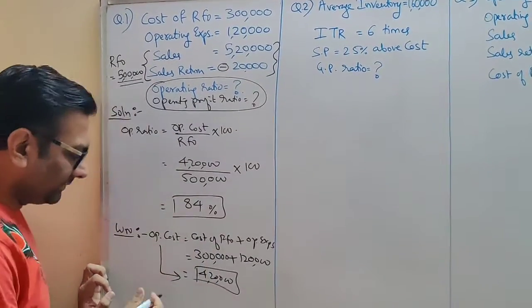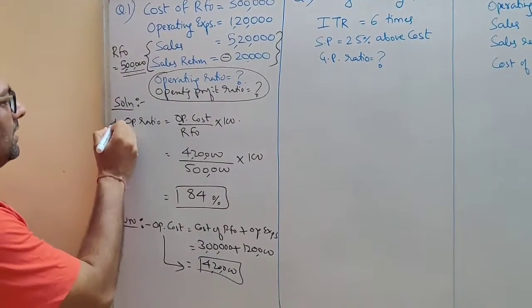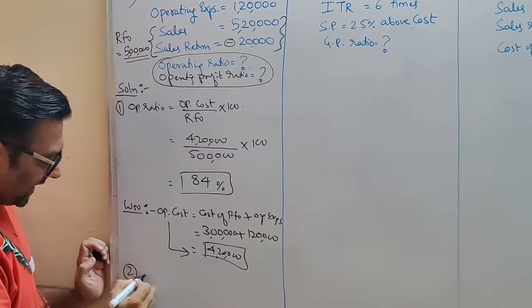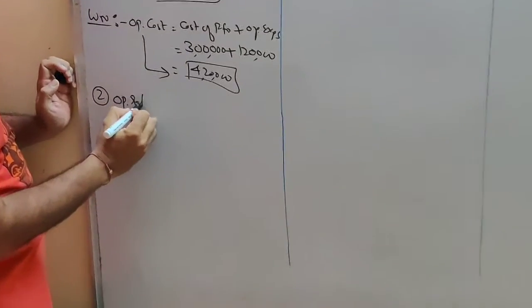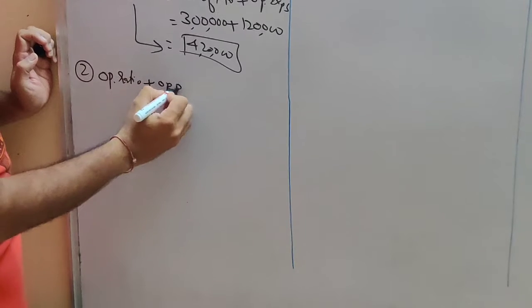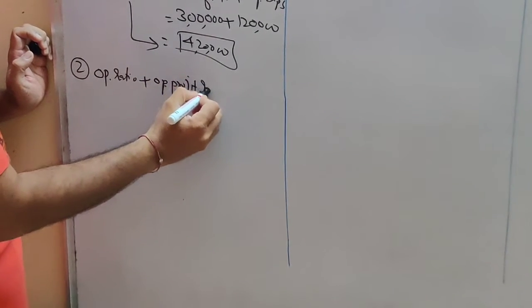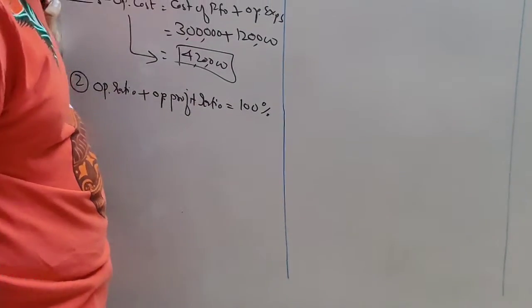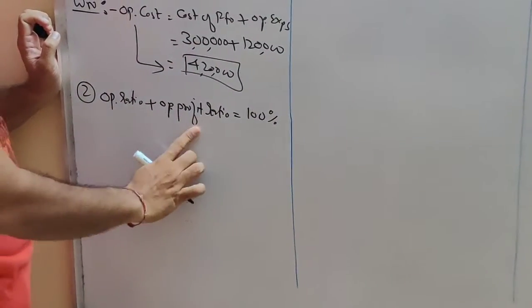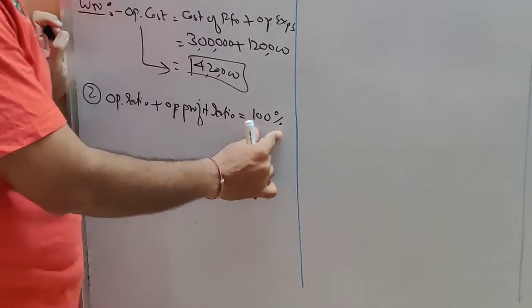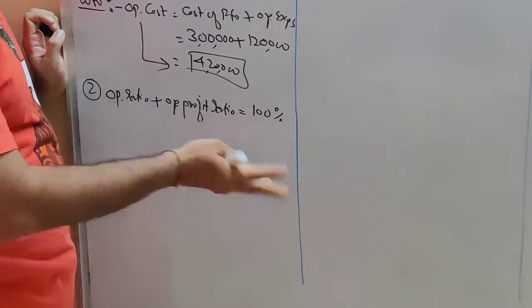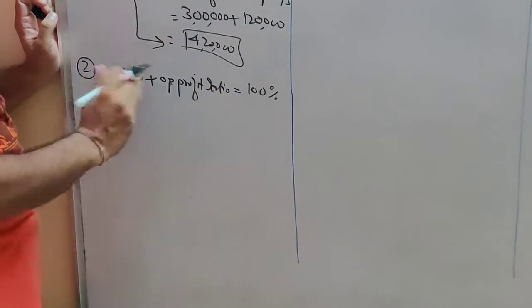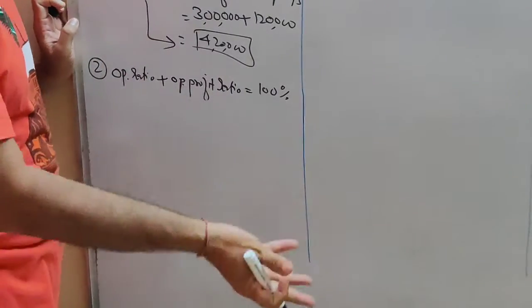I mean to say, if you add operating ratio and operating profit ratio, your answer will always be 100%. So if you add both the ratios, you will get 100%.